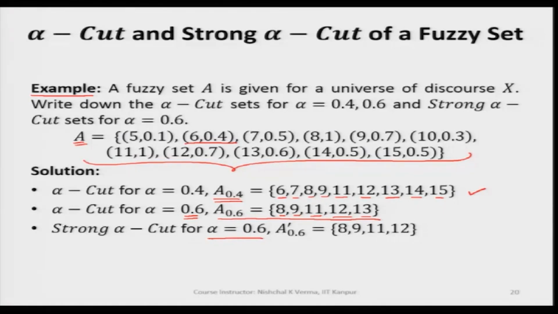In the previous case we included those values for which the corresponding membership was equal to 0.6; here in this case we will exclude them. So, this way the strong 0.6 cut of A will be the collection of 8, 9, 11, 12. So, this way we will be able to find out the alpha cut and strong alpha cut of a fuzzy set.